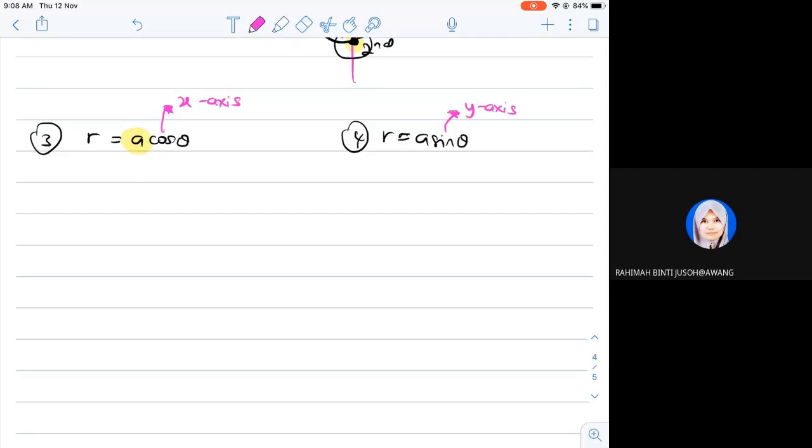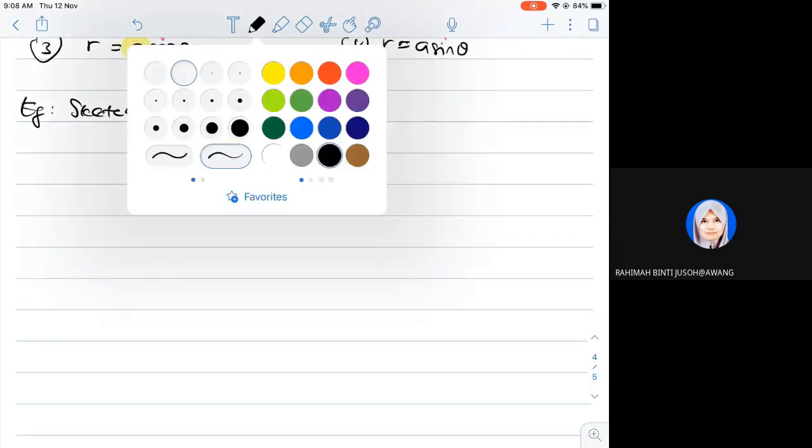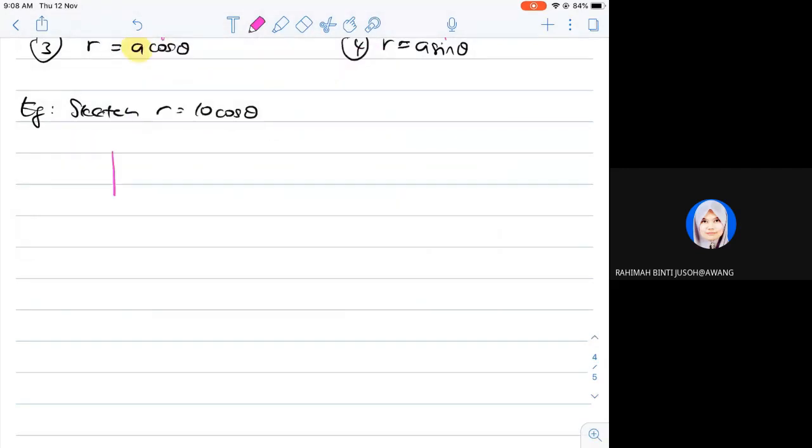So if I give you one example, okay, example: sketch r equals to 10 cos theta. Okay, 10 cos theta. This is also a circle, but now cos. So cos must be related to x-axis.